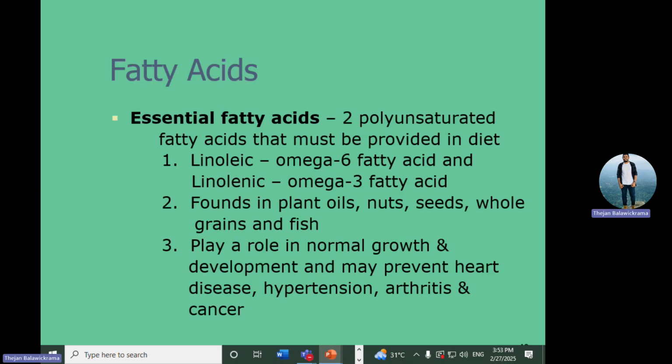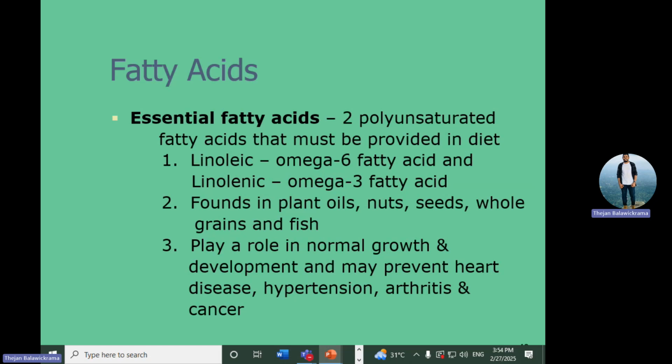Well, when it comes to fatty acids, we know the medical terms essential and non-essential by now. Fatty acids also have essential ones and non-essential ones. Non-essential, the body can make. Essential, the body can't make, we have to take. So omega-3, omega-6 are the most common ones. You might have heard about omega-3, omega-6 in terms of supplements.